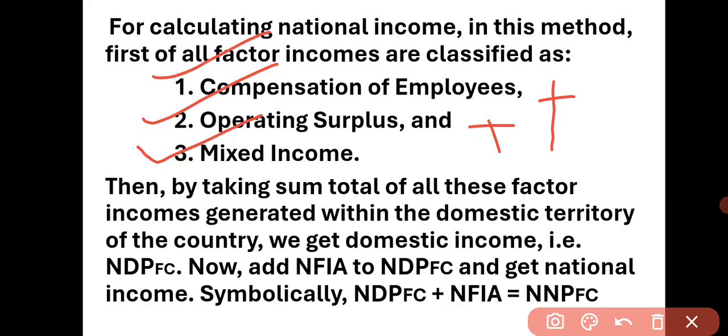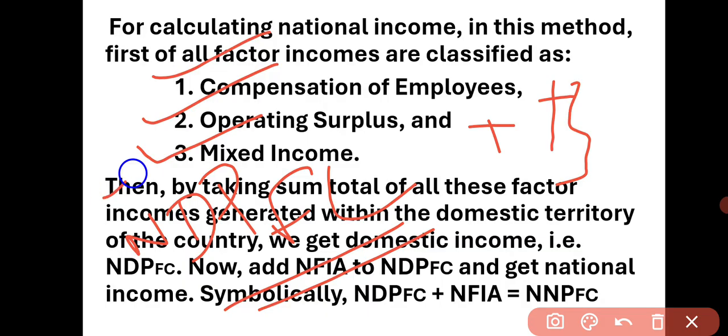So by adding these three factor incomes, compensation of employees, operating surplus and mixed income, we get NDPFC, net domestic product at factor cost.